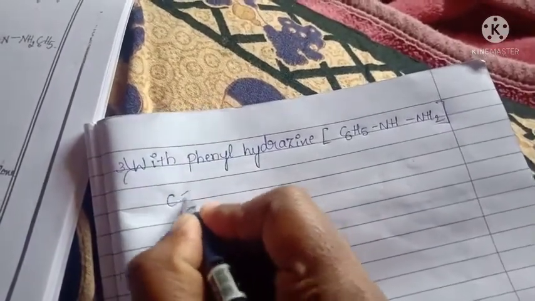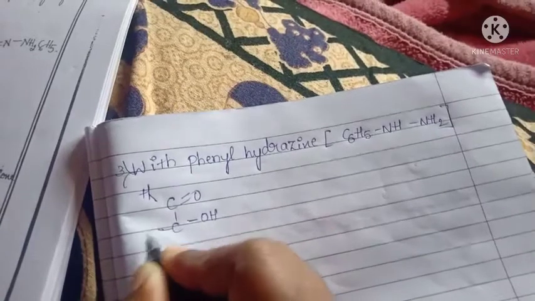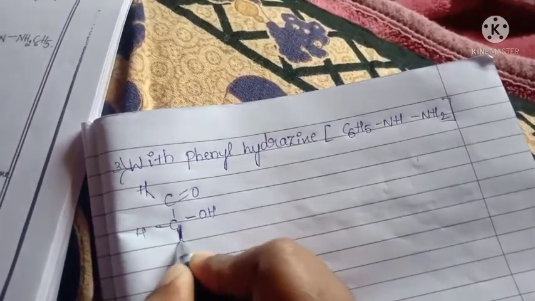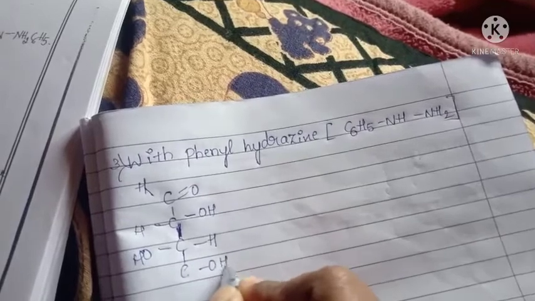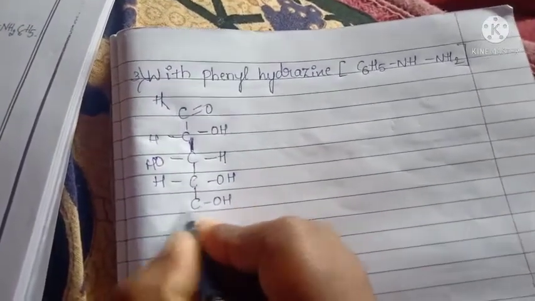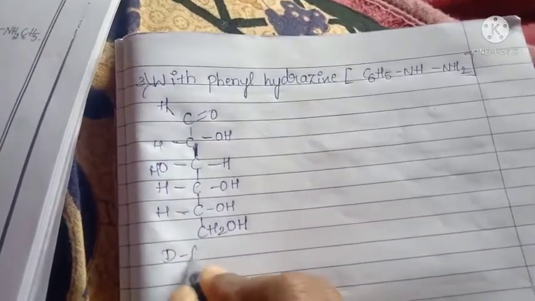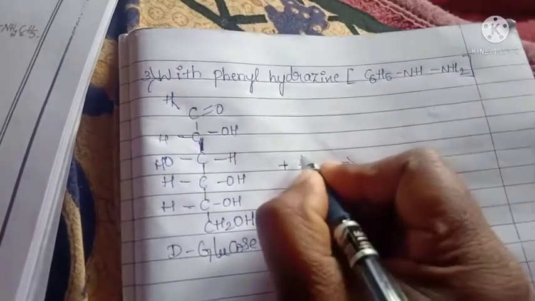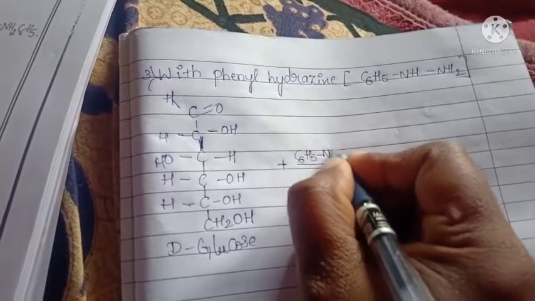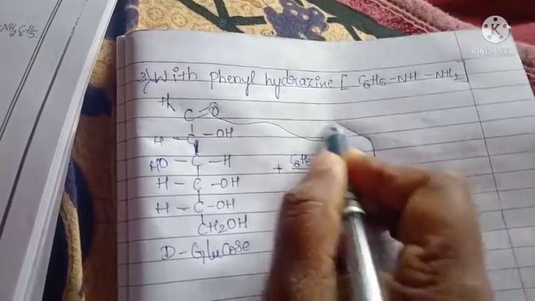Here the glucose, CHO, CHOH, HCOH, CHOH, CHOH, CH2OH. This is D-glucose, you know that, plus phenyl hydrazine, C6H5NHNH2.